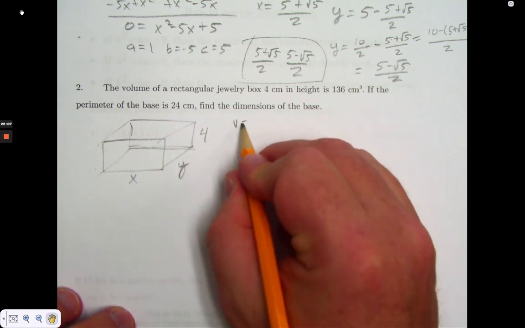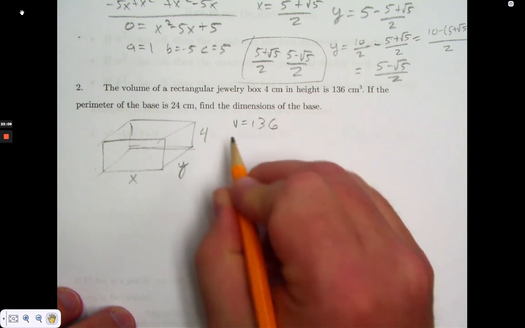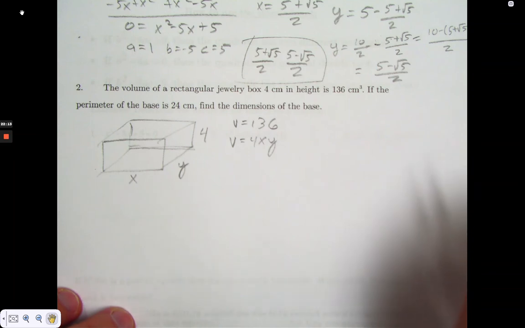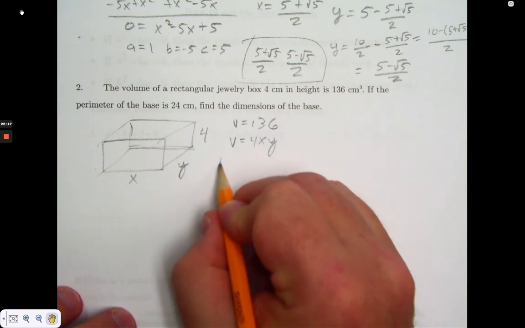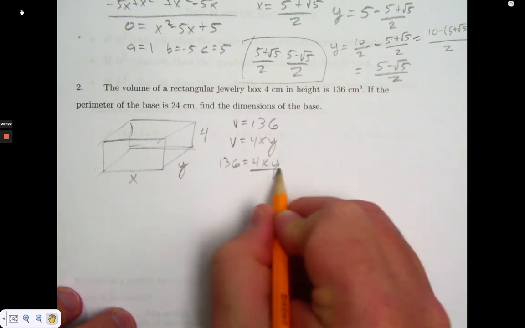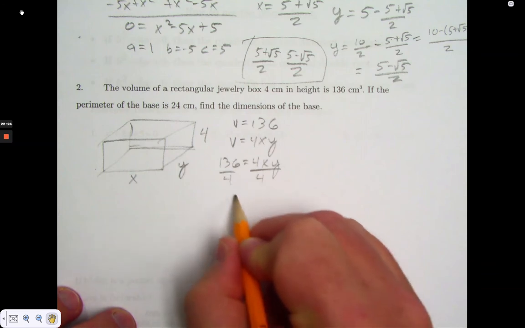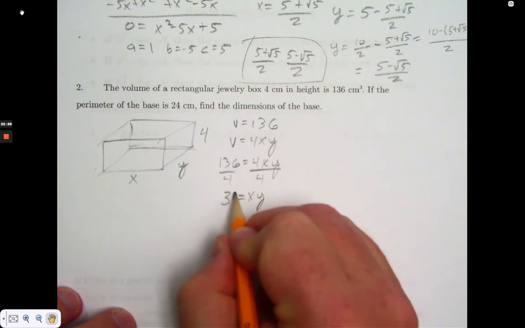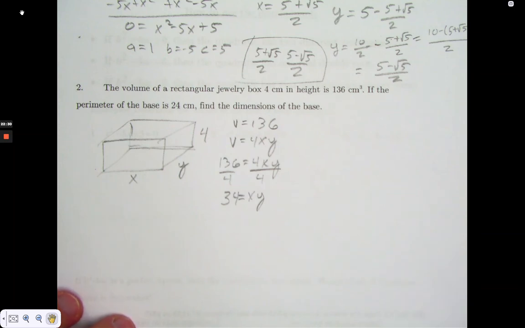Well, we know that our volume has to equal 136, and we know that our volume has to equal 4 times x times y, because volume is length times width times height. So that means 136 has to equal 4xy. So if I divide both sides by 4, I get that xy has to equal 34.